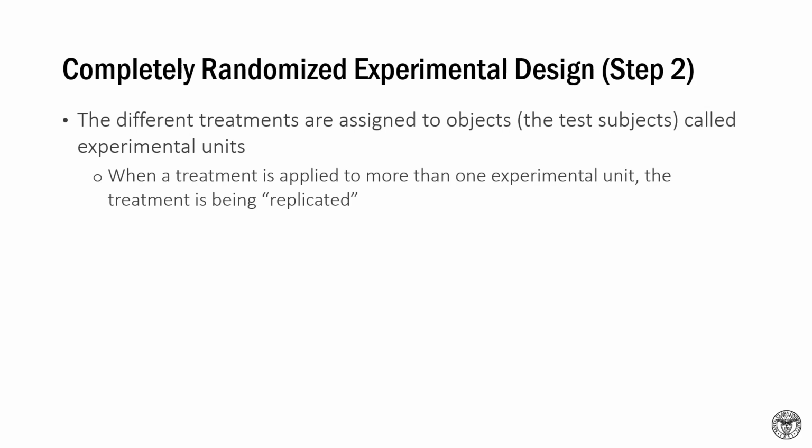This unit can be any type of physical or biological entity that is capable of receiving the treatment and producing a measurable response. In some experiments, the experimental units are human subjects, while in others, they may be animals, plants, or even inanimate objects.